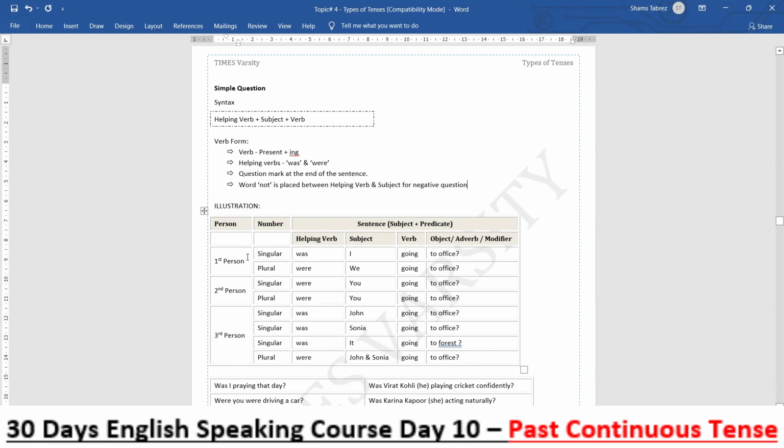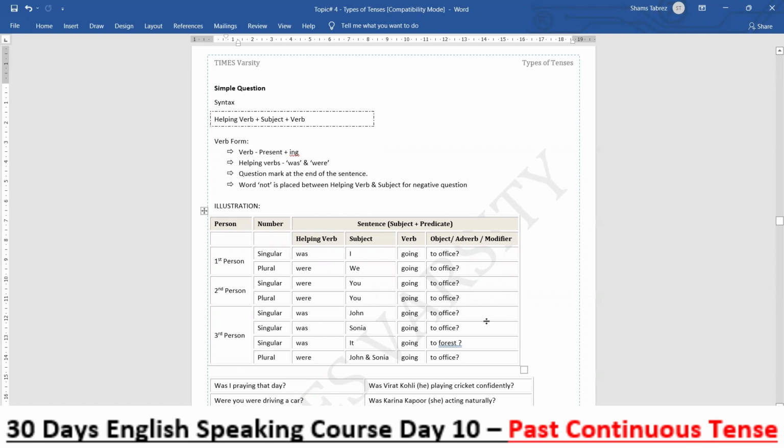Was is used with first person singular and third person singular, and for the rest of the pronouns, were. So to make a simple question, the helping verb should come first. Like, was I going to office? Were we going to office? Were you going to office?